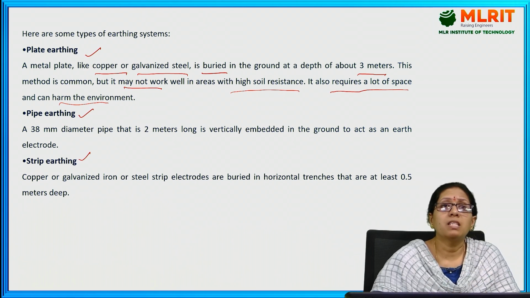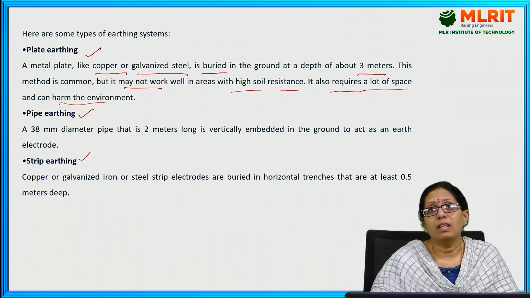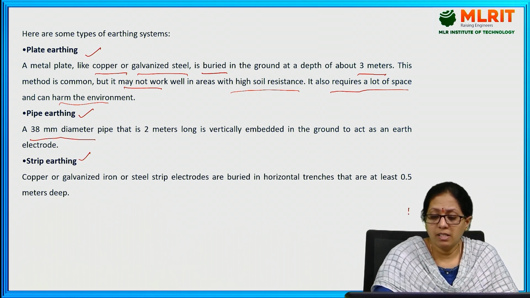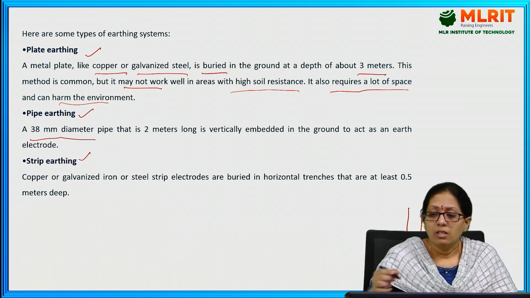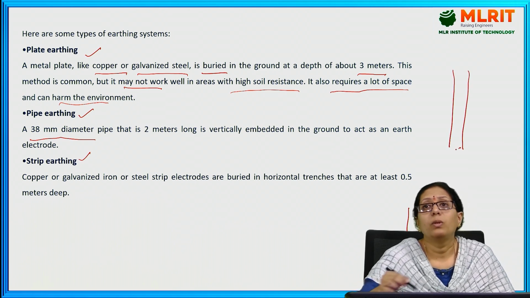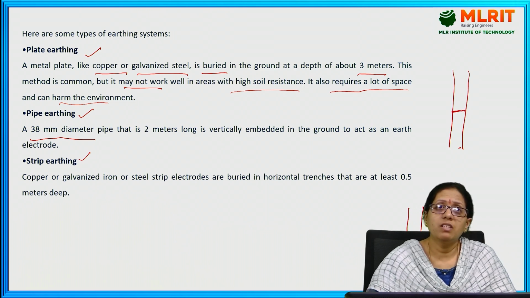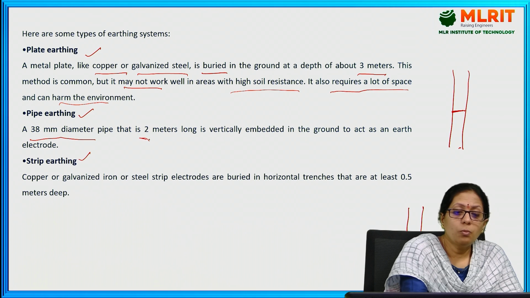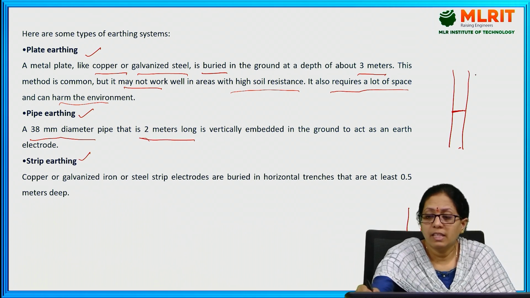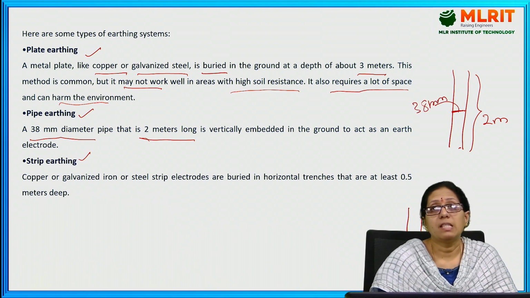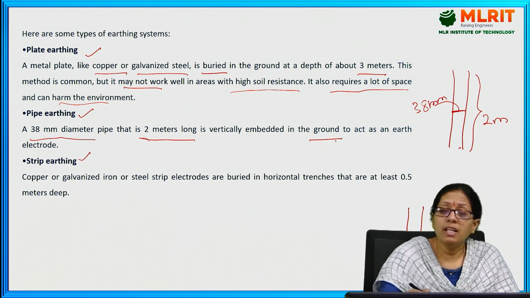The second type is pipe earthing. It is nothing but a small pipe with a diameter of 38 millimeter and a length of 2 meters, which is vertically embedded inside the ground.